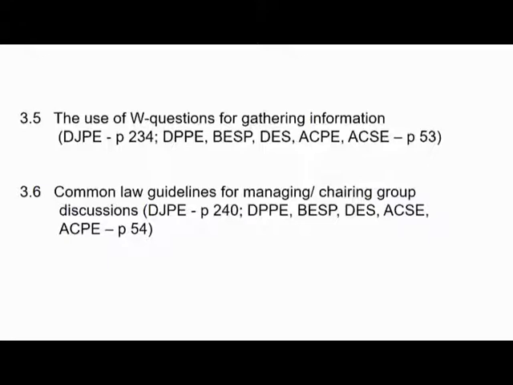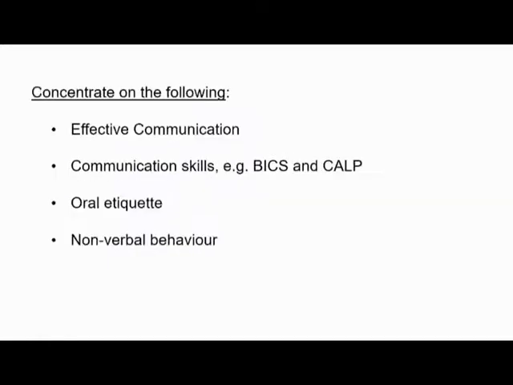You have to go through that because that is important. And then going to 3.6, the common law guidelines for managing and chairing a group discussion, which will be on page 240 for the DJPE students and for the other students on page 54.